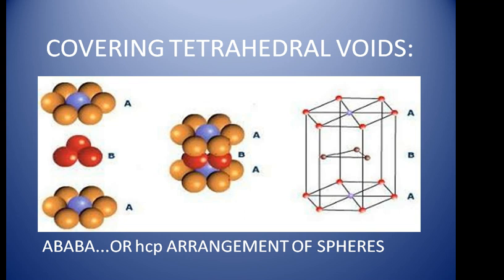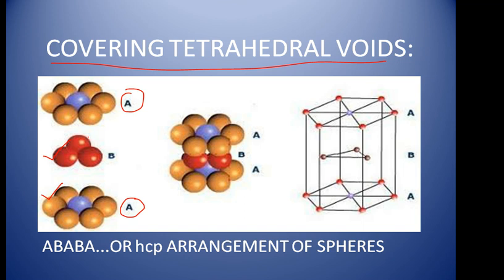Come to this. If you want to cover the tetrahedral voids, it is found that the third layer has to be exactly equal to the first layer. First layer is this. If you put the second layer, you get tetrahedral voids and octahedral voids together.